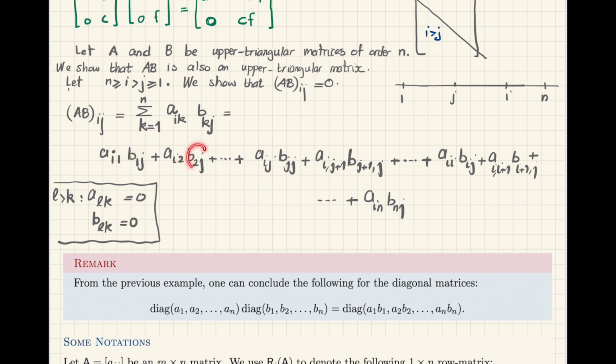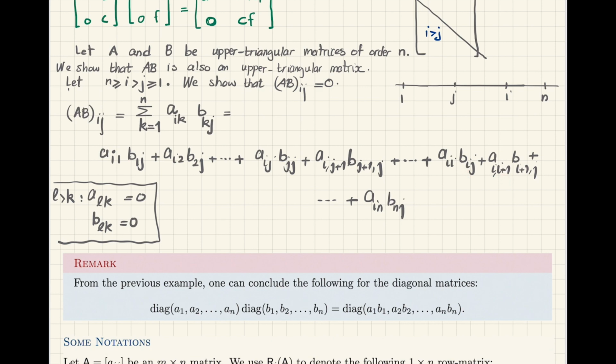So I don't know about b values, but I know that a sub I1, a sub I2 up to a sub ij, everything is 0, so everything so far is 0. Okay, but here what happens? Still I is greater than j plus 1 because they reach to the same value here. So everything here is also 0, but then here I have to be careful. AII, there is no guarantee that AII is 0, but let us see what happens after that.